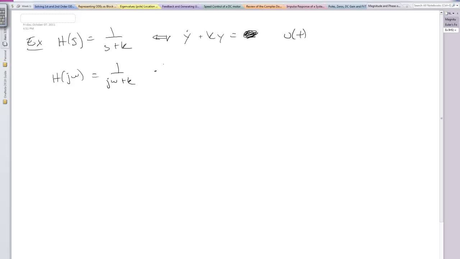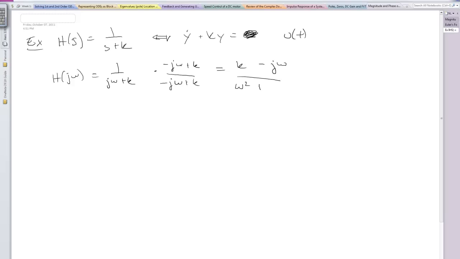I need to rationalize that, so I multiply top and bottom by the conjugate, and I get k minus j omega all over omega squared plus k squared, since j times minus j gives me minus minus 1.